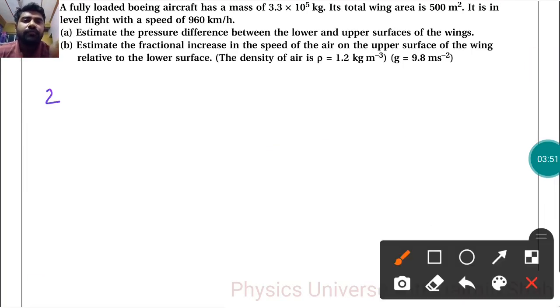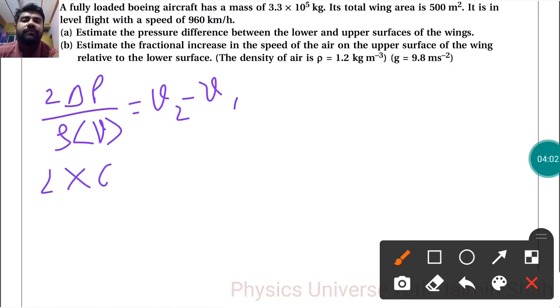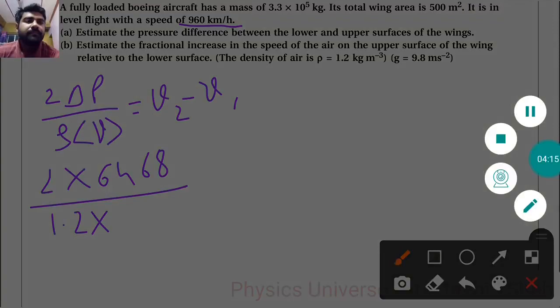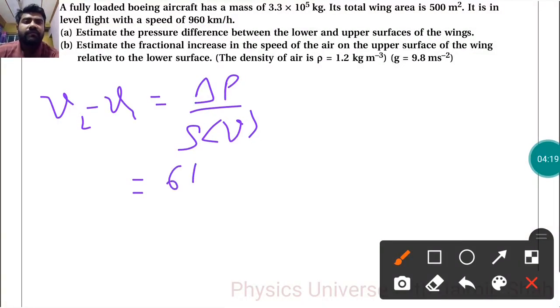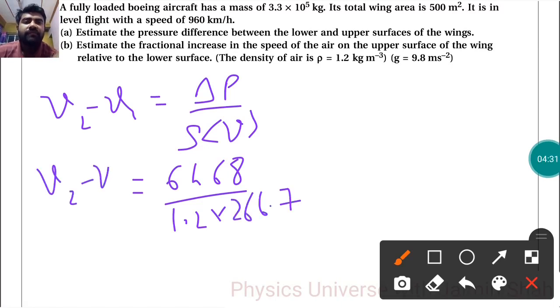So that is 2 into 6468, density is 1.2, and average speed is 266.7, that is our 960 km per hour converted. So this is our formula, Pascal value 6468, density 1.2, and average speed 266.7. That will be v2 − v1.